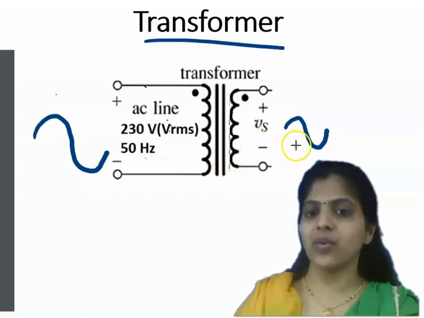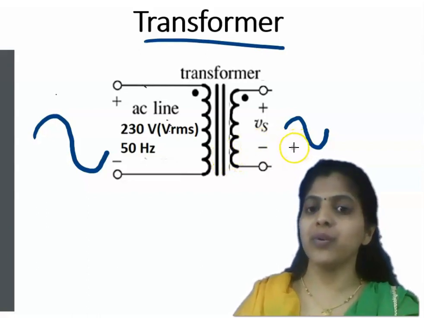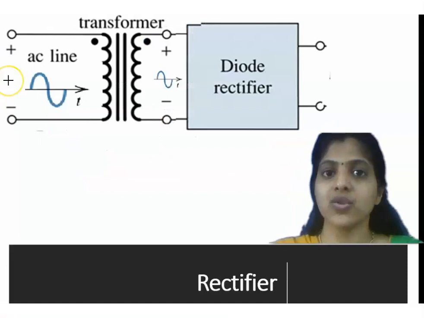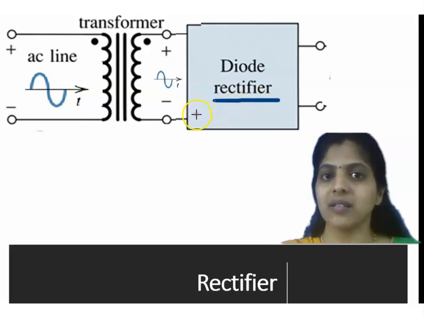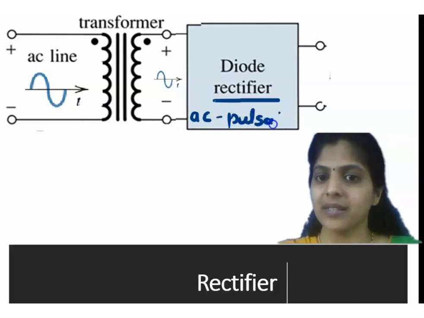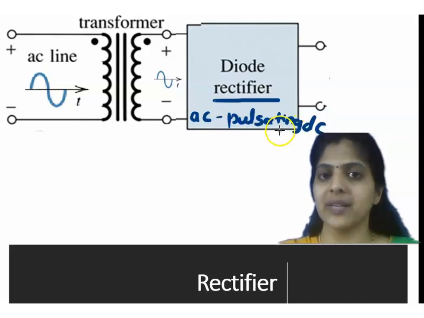Now this AC voltage will be given as an input to the next block. Whatever the output of this transformer, that is this AC, will be given to the next block, that is called a rectifier. So what is a rectifier? This is a circuit which converts AC into pulsating DC, or you can say unidirectional AC.